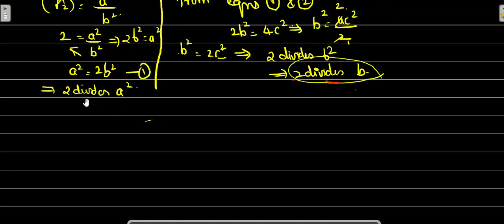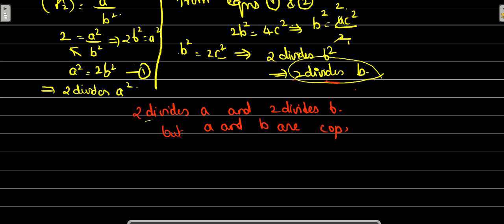What is our assumption? What we got here? 2 divides a and 2 divides b, but a and b are co-primes, right. This contradicts our assumption. Contradicts means it goes against what we have assumed.